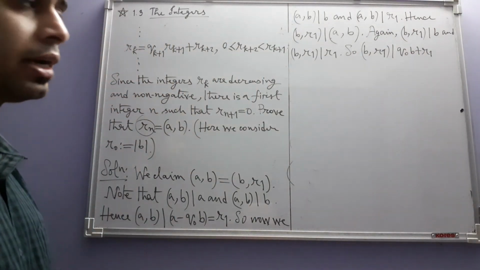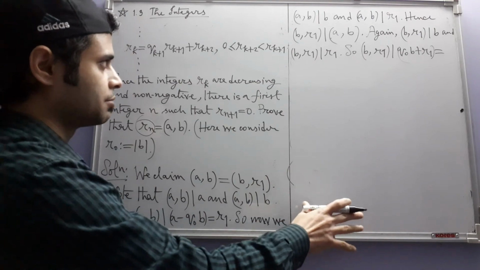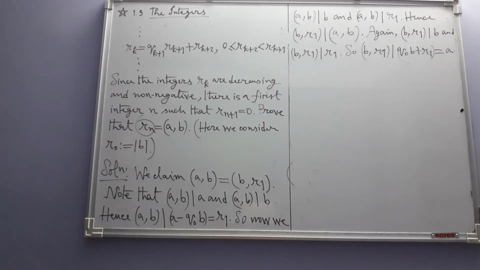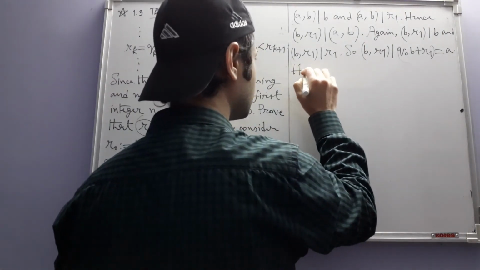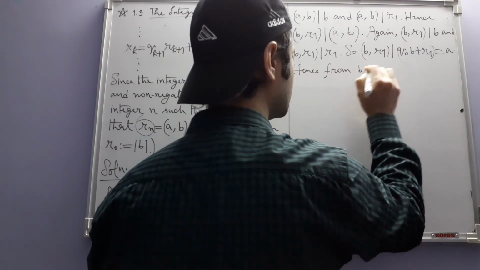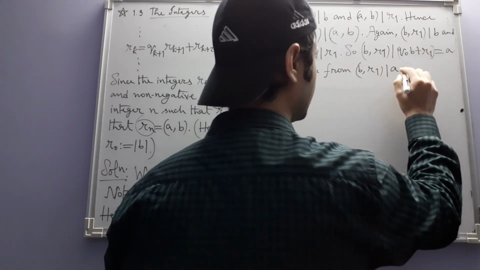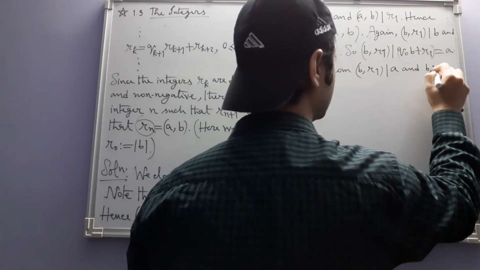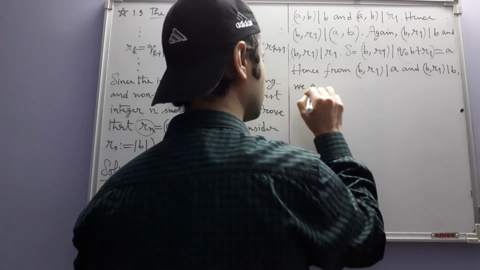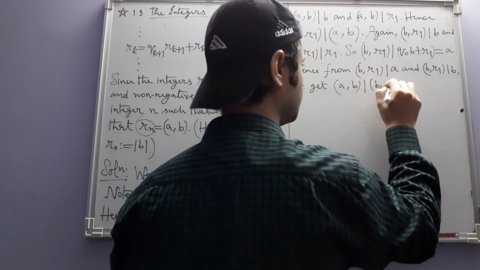Naturally, since it divides both B and R1, but this quantity is equal to nothing but A. Hence, from this GCD dividing A that we have here and this GCD dividing B, we get GCD of A and B divides GCD of B and R1.